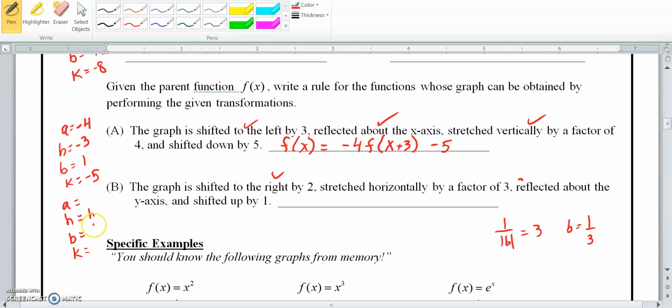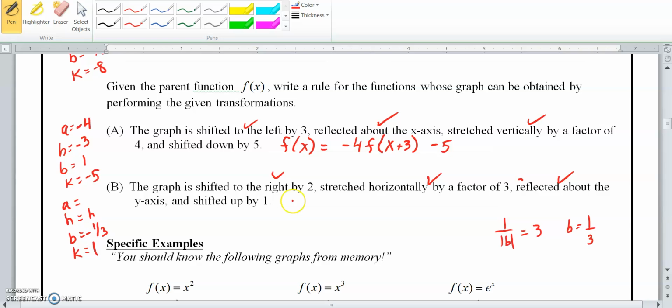So b comes over here as 1/3. So stretched horizontally by a factor of 3, and then reflected about the y-axis. Reflecting about y means that we must put a negative in our b term. So we have to add our negative to the b. The y-axis done, and shifted up 1, so k is 1.